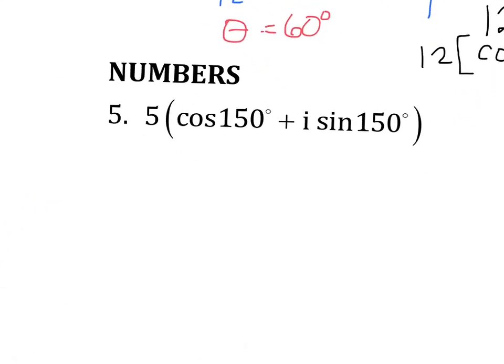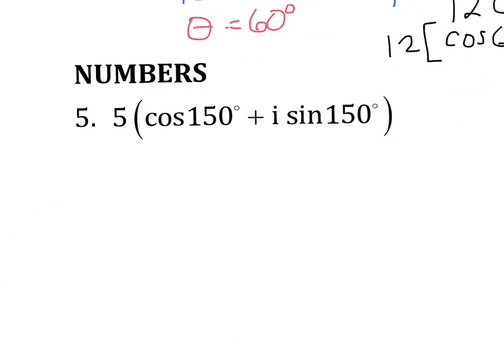Number 5, so this is the actual polar number, 5 cis 150, and all we have to do here is just evaluate. So 150 degrees is a reference angle of 30. So there's your root 3, there's your 1, there's your 2.